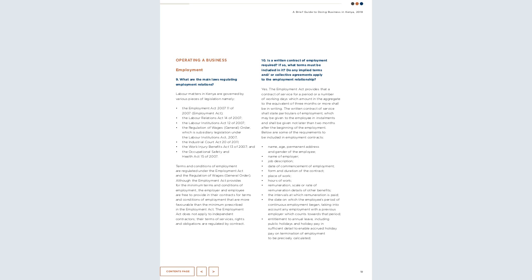So below are some of the requirements to be included under the Employment Act. The name, the age, the permanent address, those are needed when employing somebody.